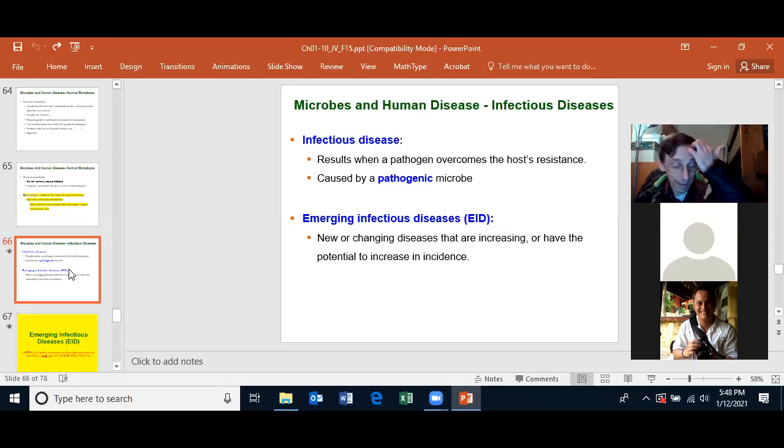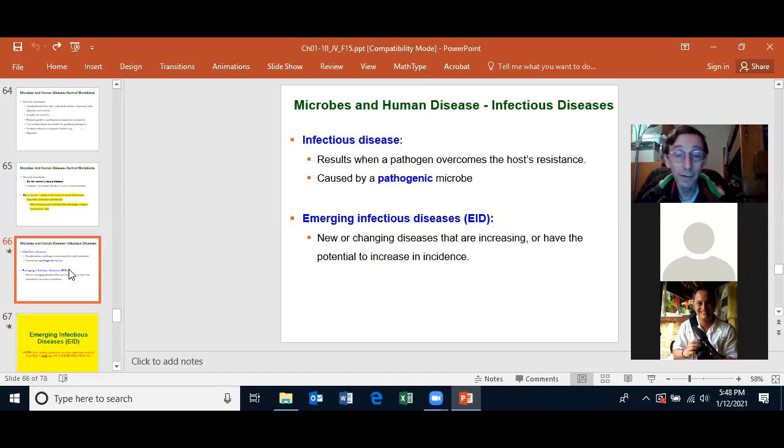However, in reality, any COVID-19 is an emerging infectious disease because they're new. Humans have seen them for a little more than a year, and they are increasing in the human population. Okay, and obviously the new strain is increasing even more rapidly.